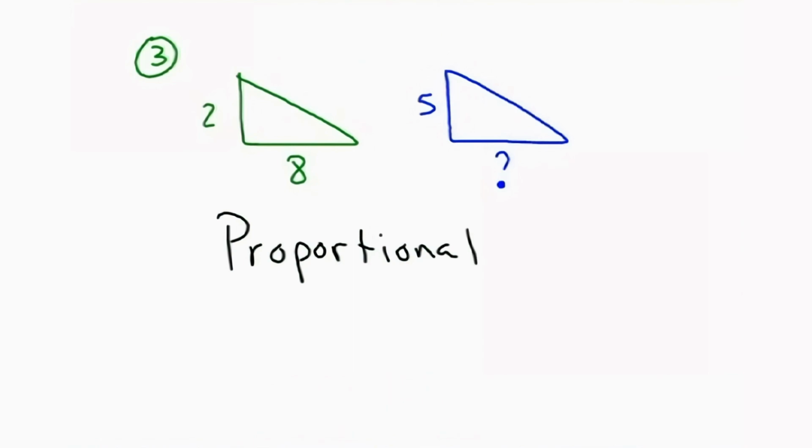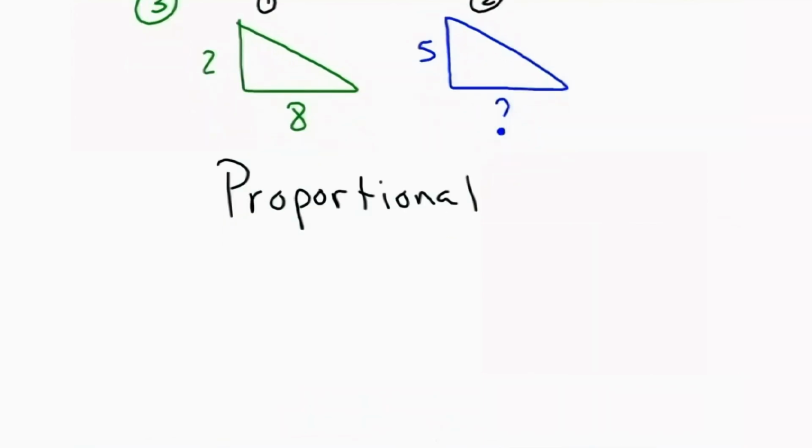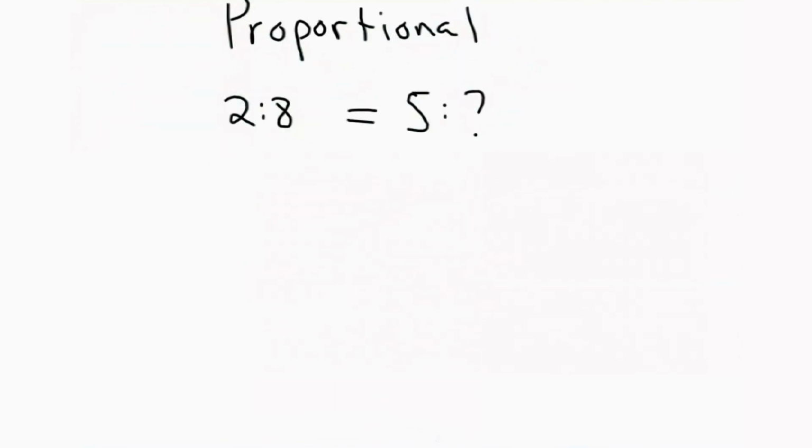If I tell you that triangle 1 is proportional to triangle 2, then that means we have that 2 to 8 is going to be equal to, and if this is the vertical side here, the 2 corresponds with the 5, so 2 to 8 is equal to 5 to what? We could also represent it as a fraction, with the first thing in the ratio as the numerator and the second thing as the denominator.